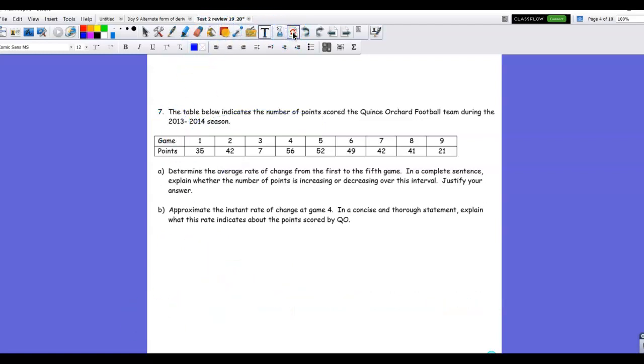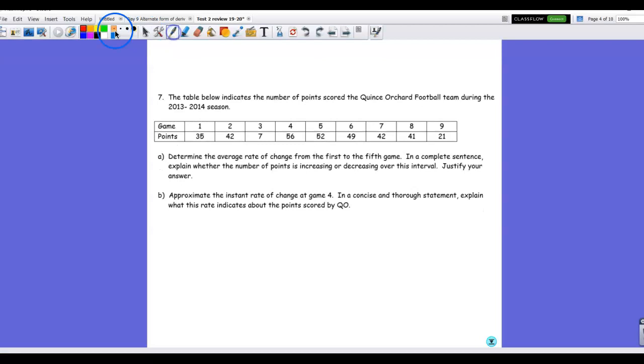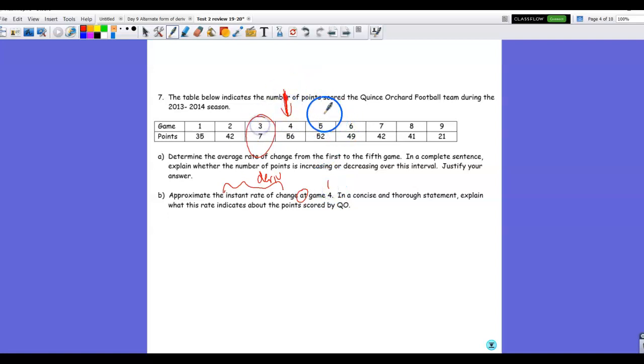Reset, and let's go to letter B. Letter B, grab your pen, and go. We are approximating the instant rate of change, which is the derivative, approximating the derivative at game 4. So game 4 is right here. So we're going to go a data value below and above.